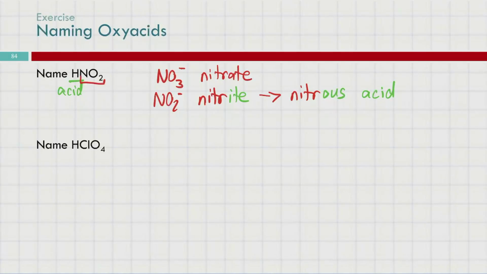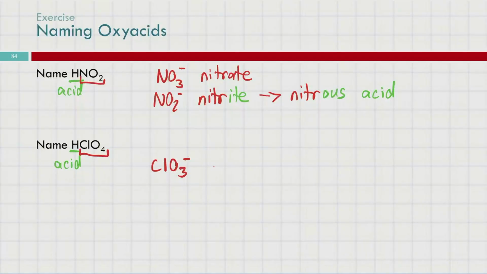For HClO4, we know that it's an acid because it's got hydrogen in front, and it's got an oxyanion, ClO4, on it as well. So we would go find something that's got chlorine as an oxyanion, and that would be ClO3 minus.